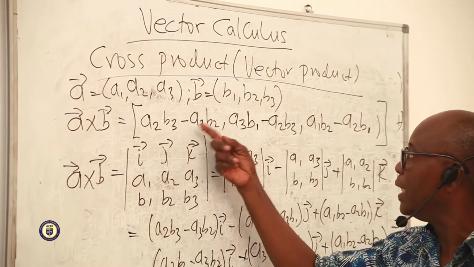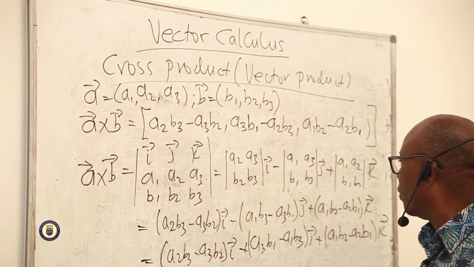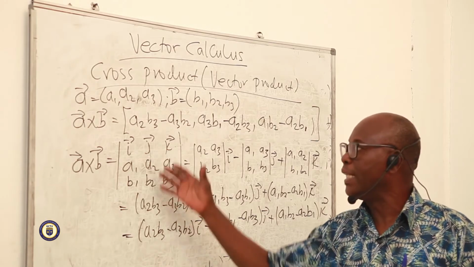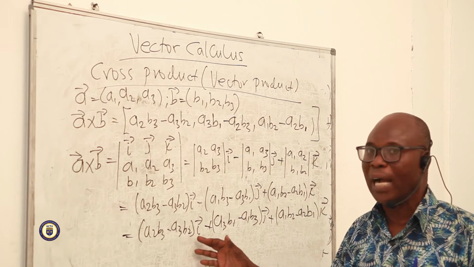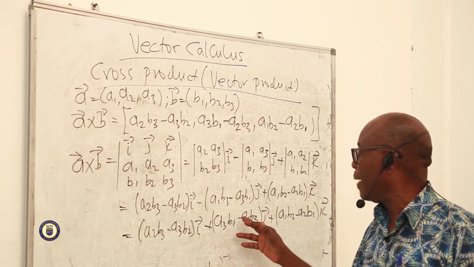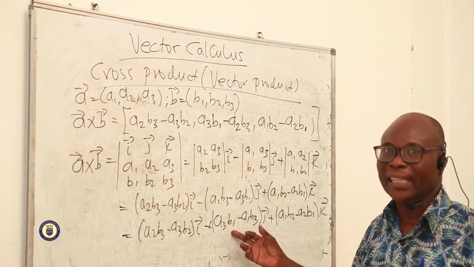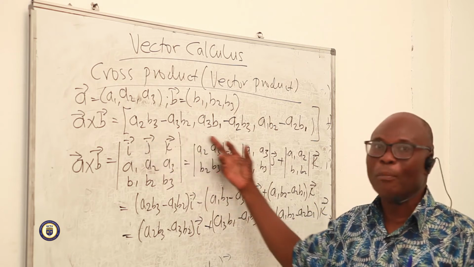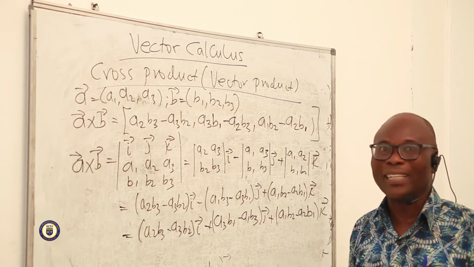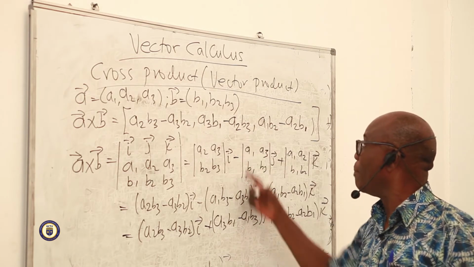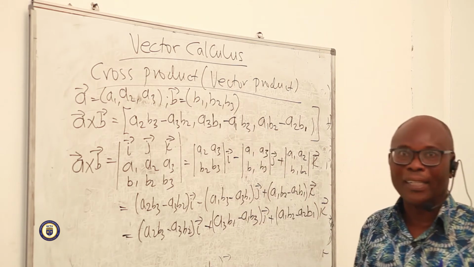If you look at what we have arrived at and compare it with what we wrote earlier, the terms correspond. After using the determinant, it becomes very easy. We have A2B3 minus A3B2 I plus A3B1 minus A1B3 J. Because of how to memorize the first formula, there's a tendency to make a slight mistake, such as a wrong subscript.